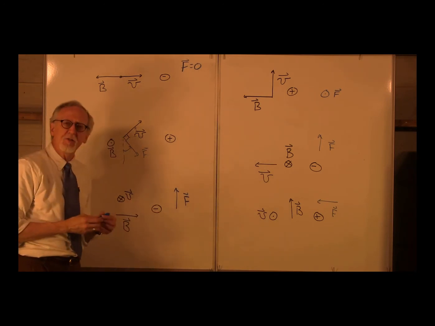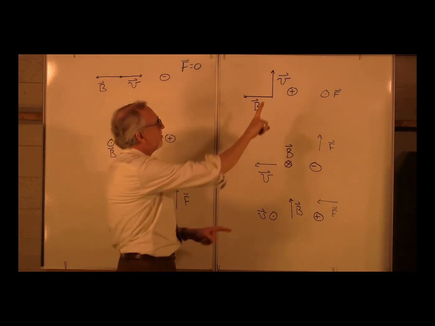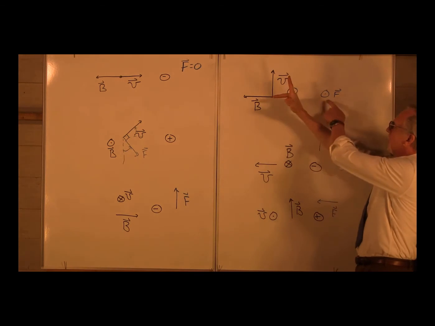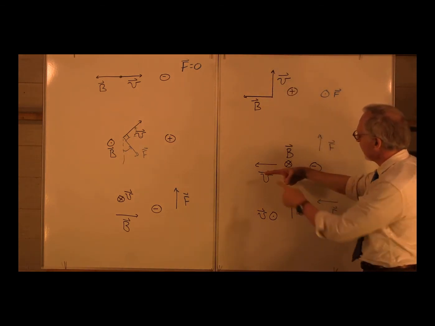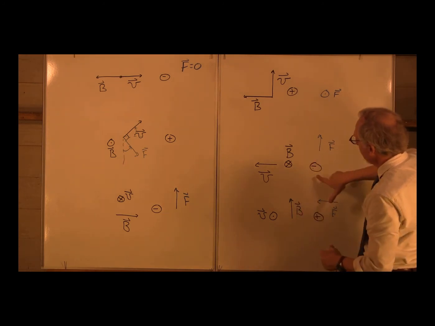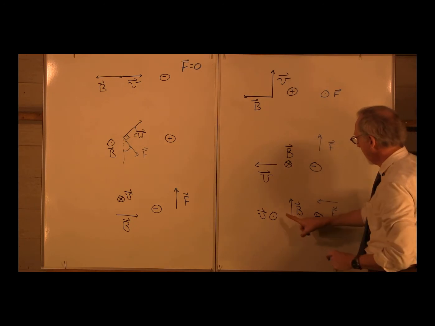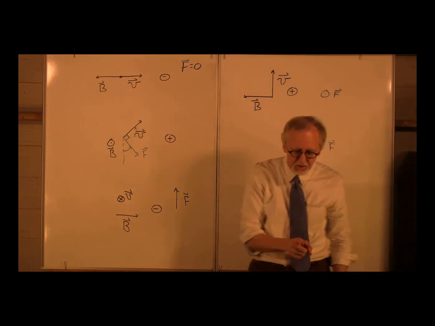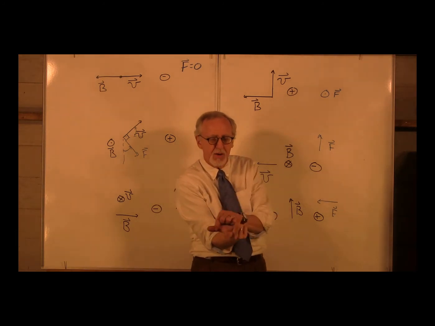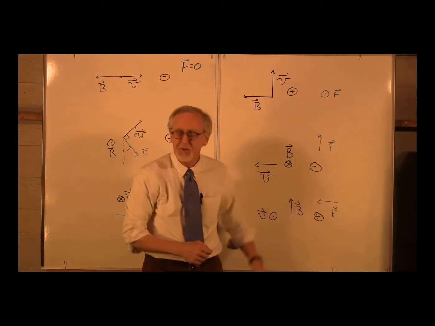Excellent. Let's try the other right-hand rule, V, B. So I've got up here, V, B, this way, thumb points out of the board. V this way, B into the board, thumb points down, but it's a negative charge, so that means up, opposite direction. V out of the board, B up, thumb points to the left for a positive charge, left.